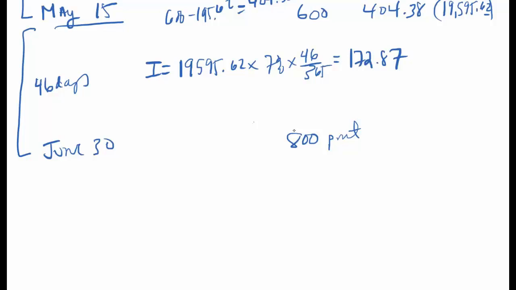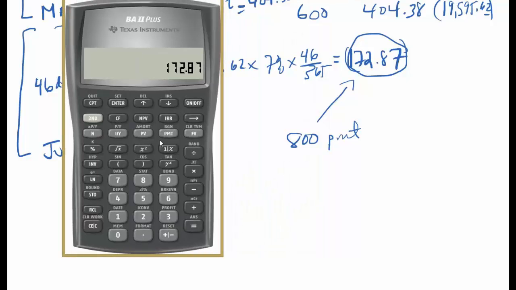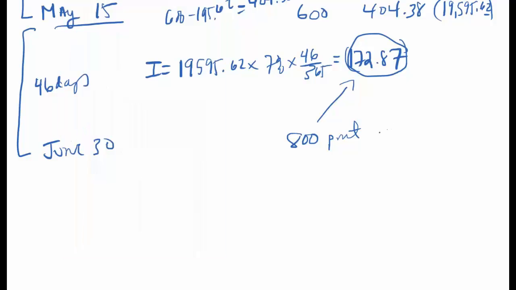So my payment is $800. However, I need to pay the interest first, so it's 800 minus 172.87, which is positive. I can reduce the balance by $627.13.